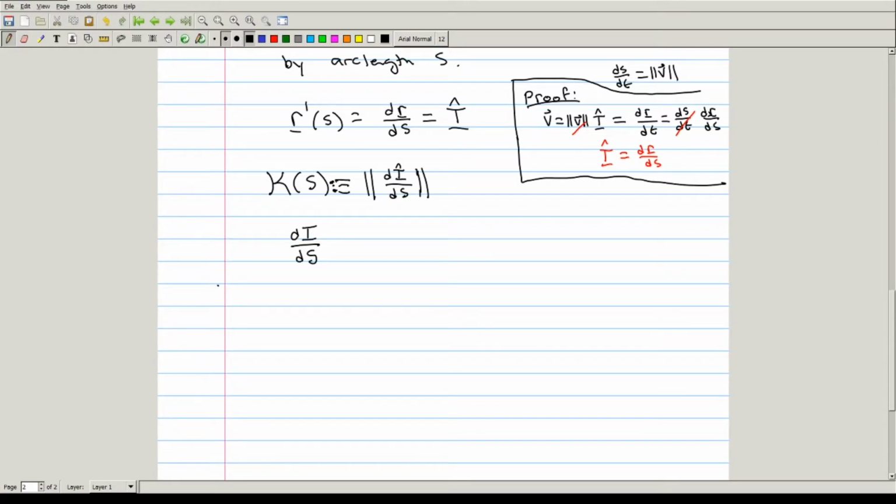If you remember, the unit normal vector was defined as the derivative of the unit tangent vector with respect to arc length divided by the magnitude of this derivative. And therefore, by the definition of curvature, the magnitude of the derivative of the unit tangent vector is going to be the curvature as a function of s.